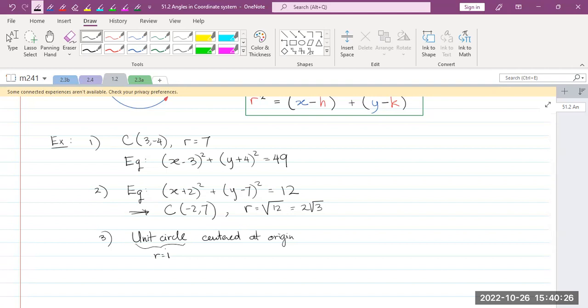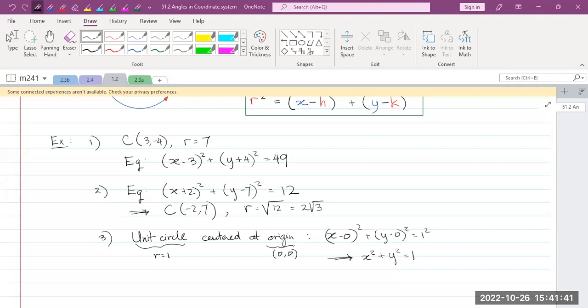Center at origin means the center is (0, 0). Now the equation of the unit circle centered at origin is (x - 0)² + (y - 0)² = 1², which simplifies to x² + y² = 1. Now remember this equation very well, because we see that a lot.